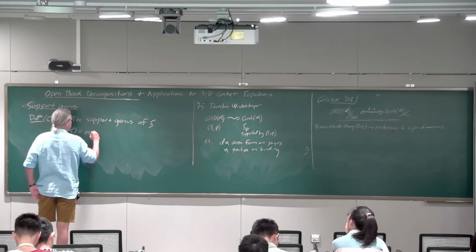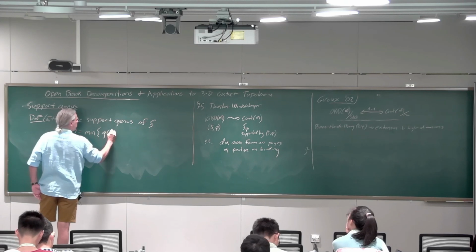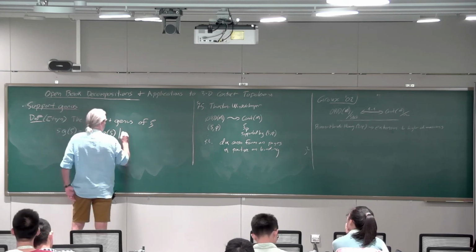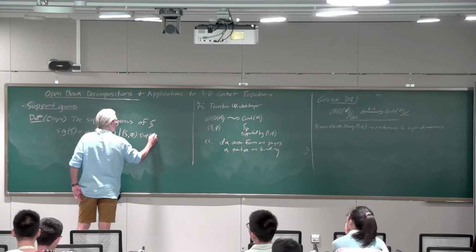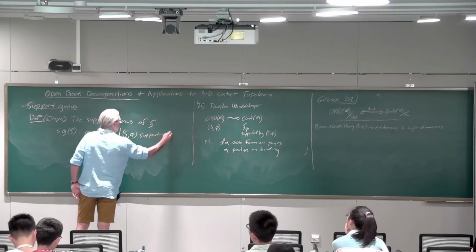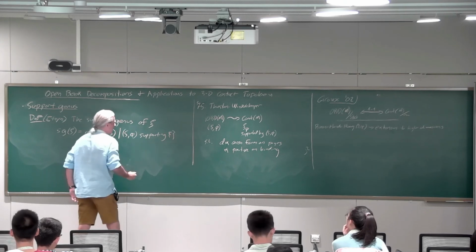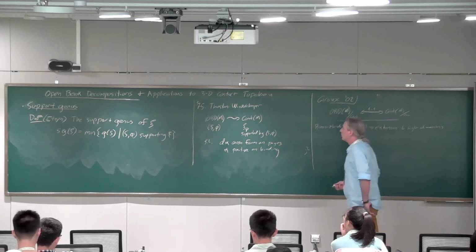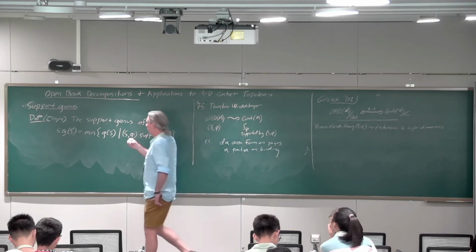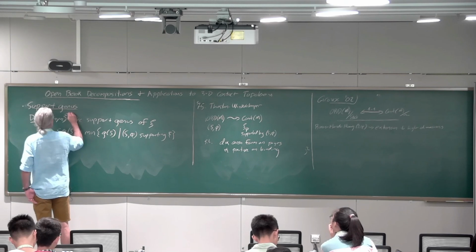It's the min of the genus of S, where S is a page in some open book supporting the contact structure. So a fairly straightforward concept. Etnyre showed very quickly, in the same paper, in '05.